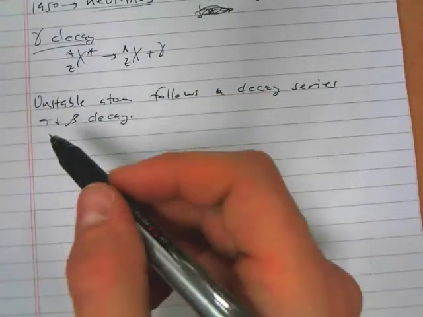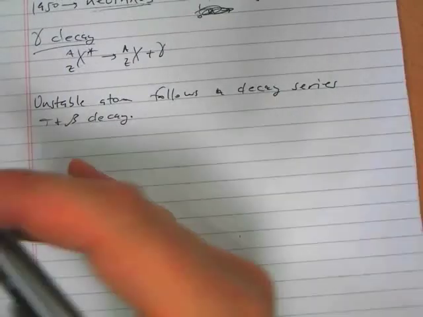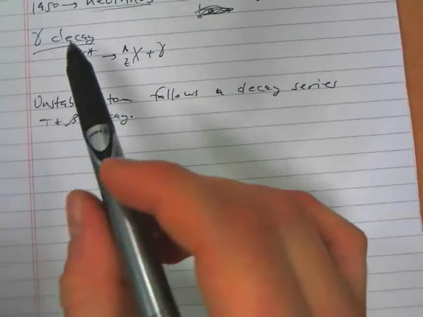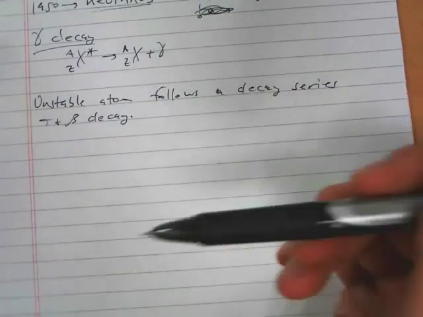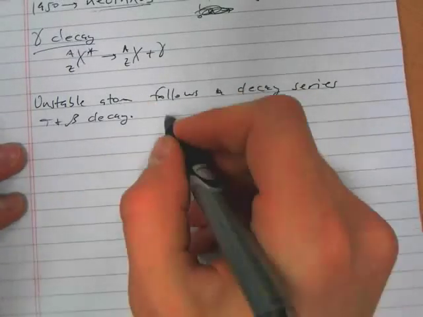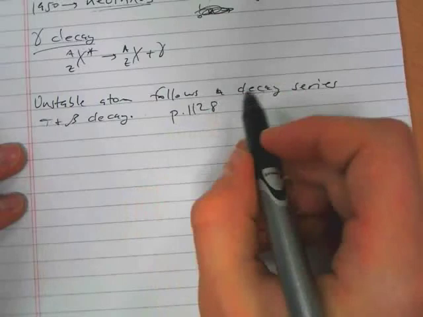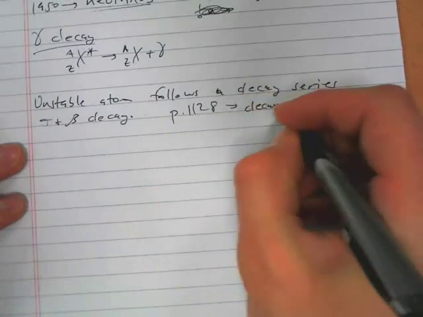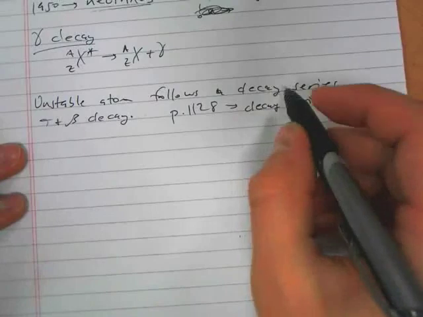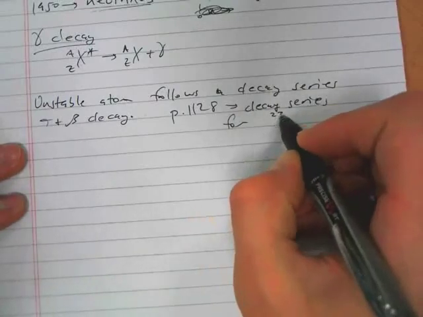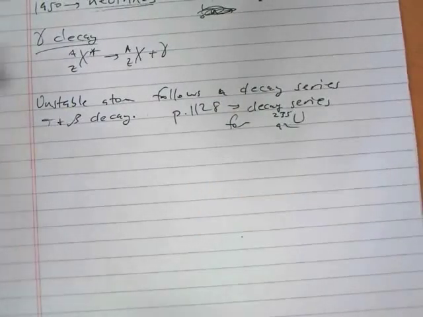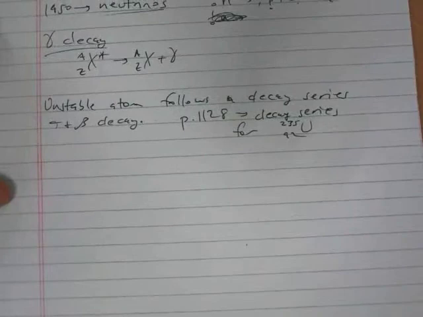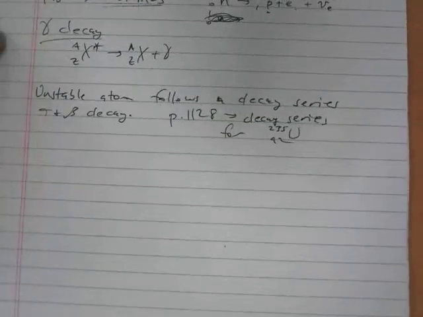Like at one step it might only be able to do an alpha decay and then only do a beta decay, but then at some steps it might be able to do one or the other, but then it'll kind of compensate and do the second one later. There's a chart on page 1128 that has the decay series for uranium-235. So you can see kind of what that looks like, and it kind of winds its way down until it reaches a stable state.